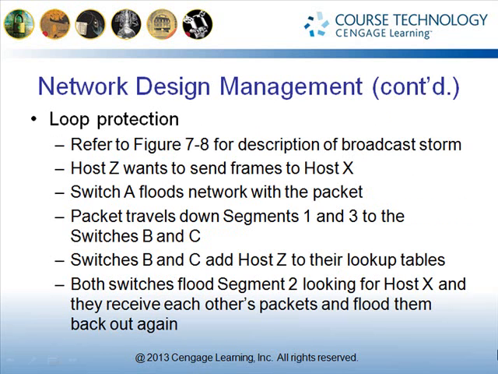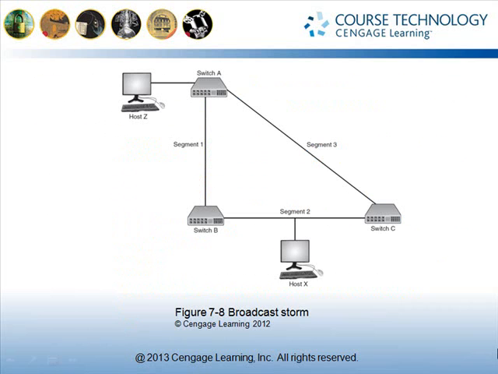Loop protection. We're going to look back at figure 7-8 for a moment. There we go. In this figure 7-8, the host Z, which is connected to switch A, wants to send frames to host X on segment number 2.